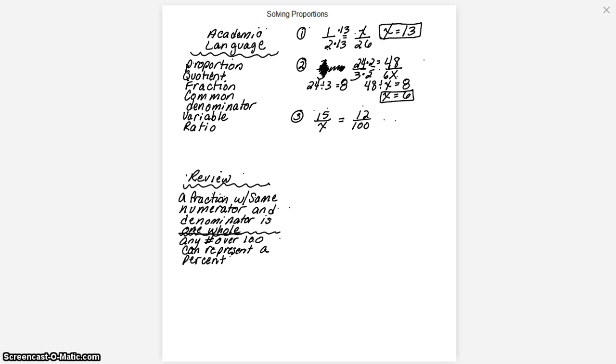So again, I'm going to throw that down under our review, that you can find a common denominator by multiplying the two denominators together. And when you get into pre-calc, that's going to come in really handy, maybe even algebra 2, by multiplying the two together.